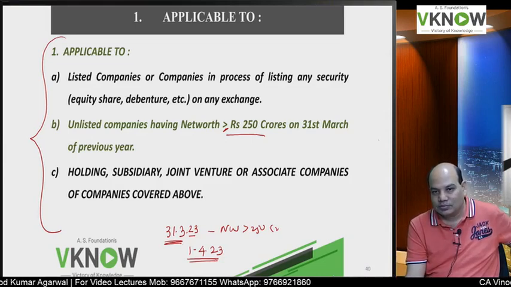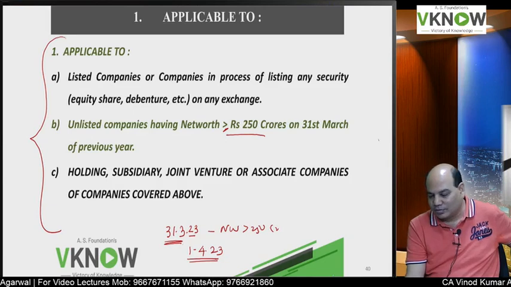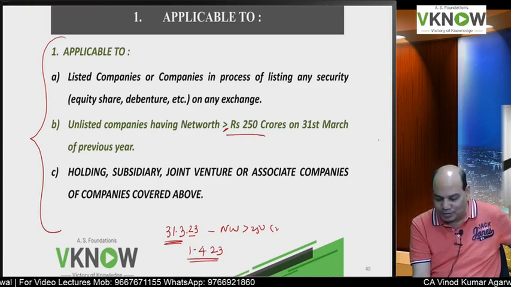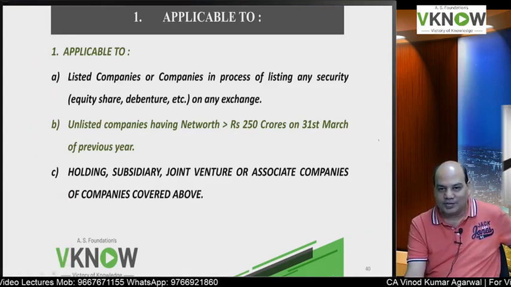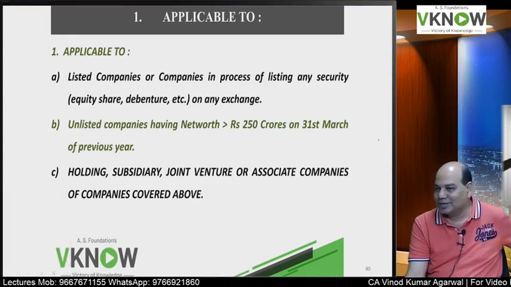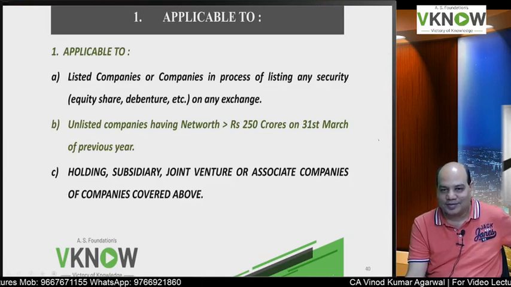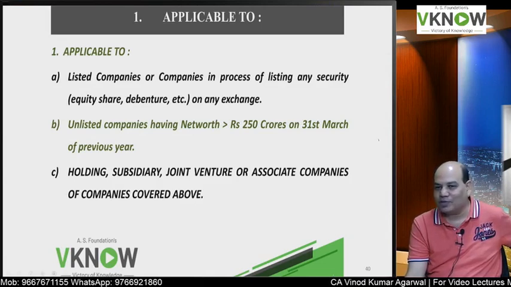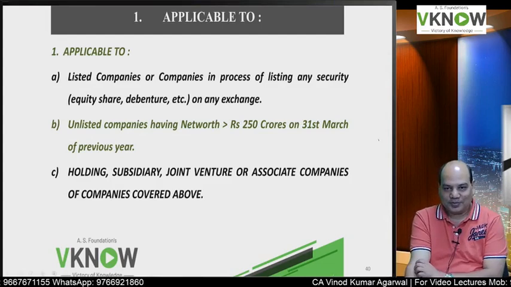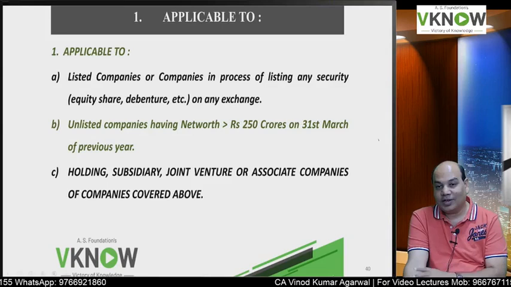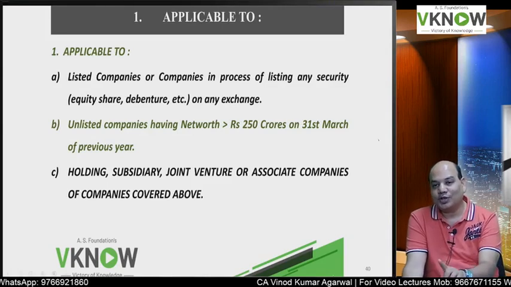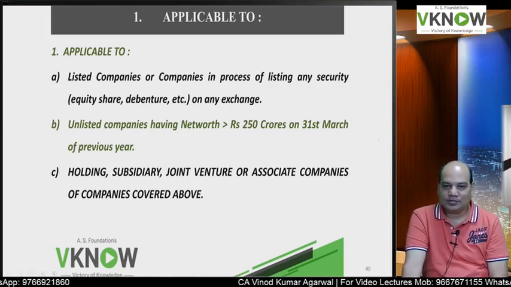What if it falls below 250 crore? What if it falls below 250 crore next year? I will tell you later. That is also a part of the syllabus. Once Ind AS is applied, then it is applied forever. Even if the net worth falls below 250 crore, or even if it becomes an unlisted company from listed to unlisted, then also it will continue to apply Ind AS.